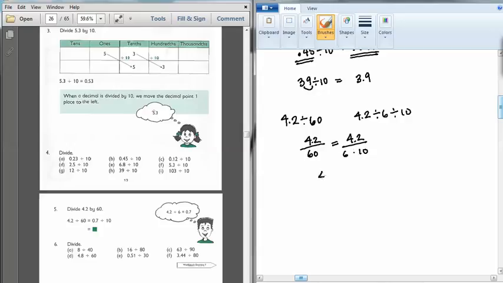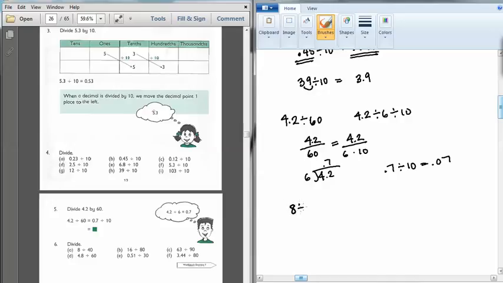So I'm going to do 4.2 divided by 6. How many times can 6 go into 4? None. How many times can 6 go into 42? 7 times exactly. Put the decimal up. So 4.2 divided by 6 is 0.7. But I need to remember that I'm still dividing that by 10, so my answer is 0.07. Yeah, that's it.